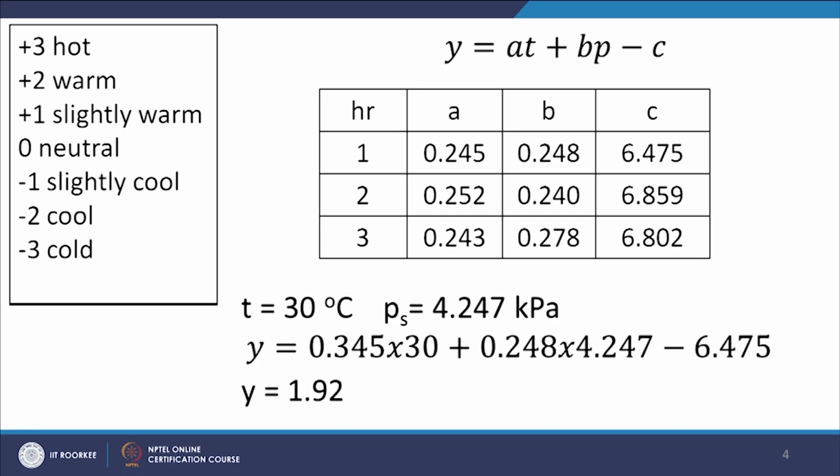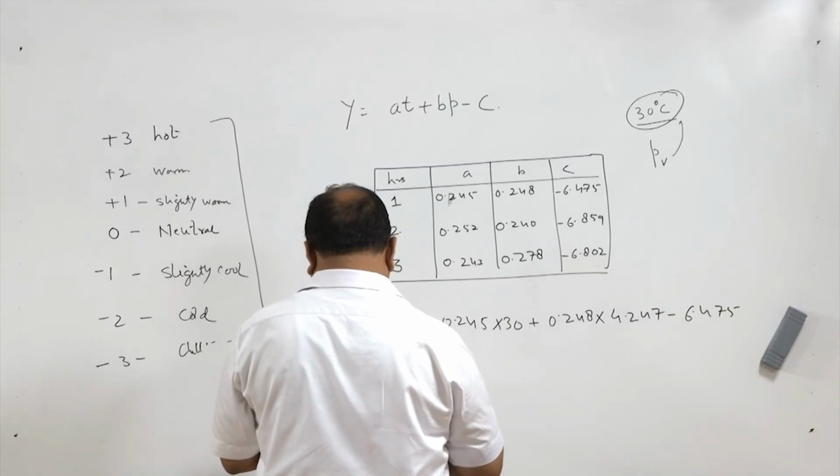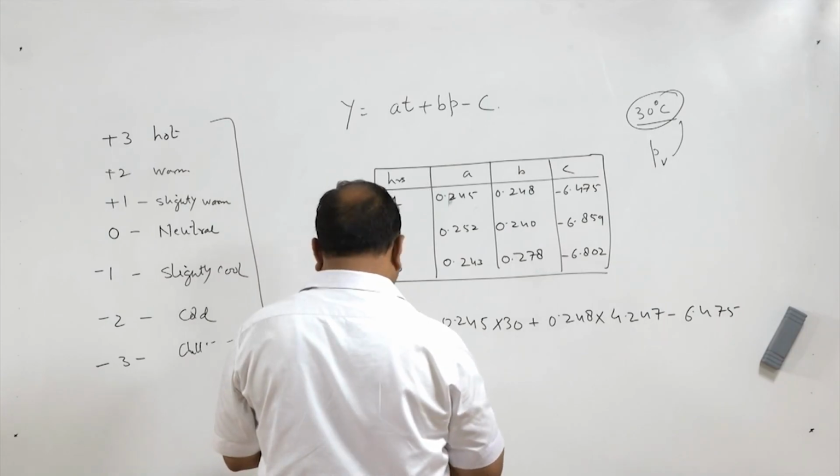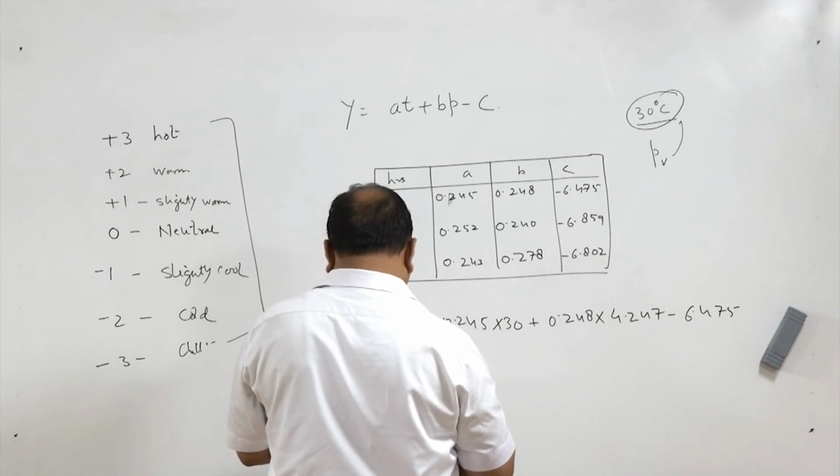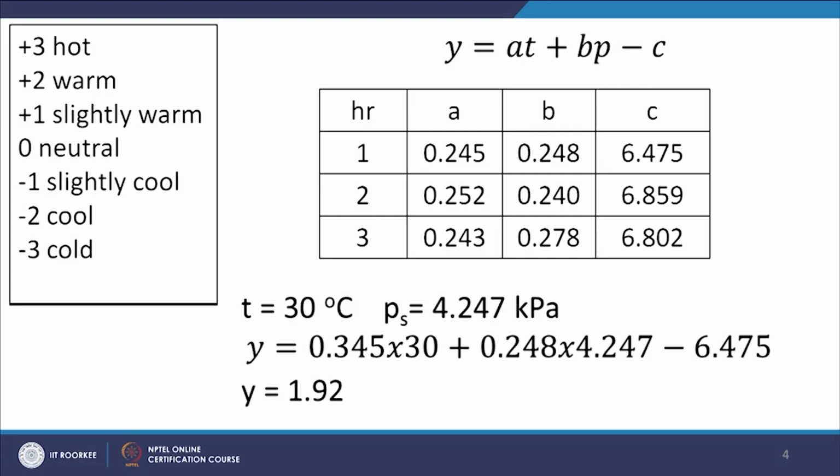So Y is going to be 0.245 multiplied by 30 plus 0.248 multiplied by 4.247 minus 6.475, which gives 1.92.